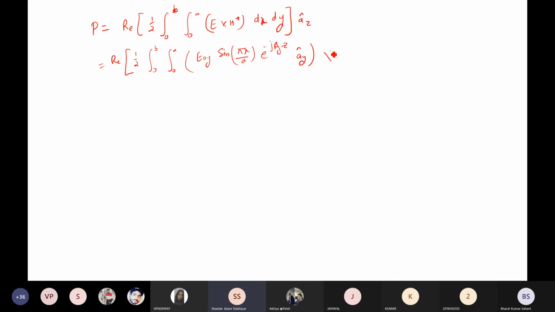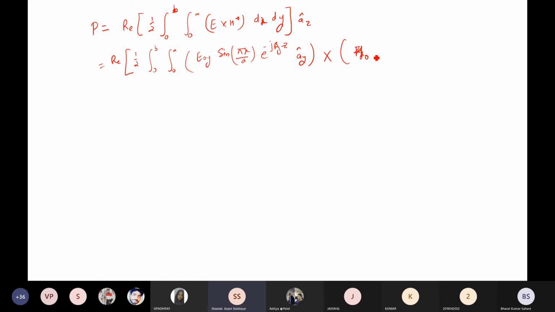Now that will be cross multiplied, or you can say we take the curl, and that gives us the H field. I'll write directly H naught.